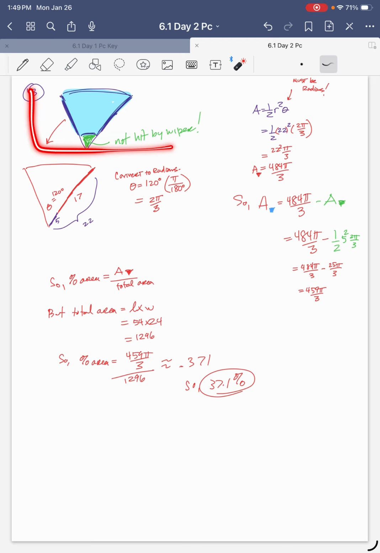That's going to be the area of the whole thing. And so we're going to take that as our denominator, and whatever we get for just the wiper parts is going to be the numerator if we want to find the percent area.